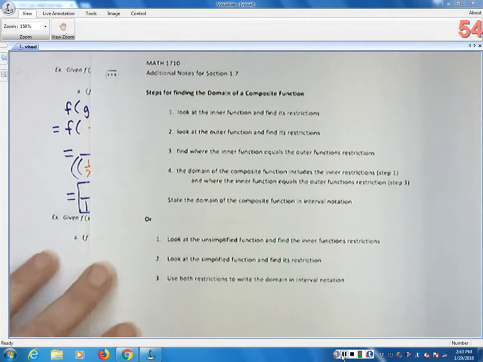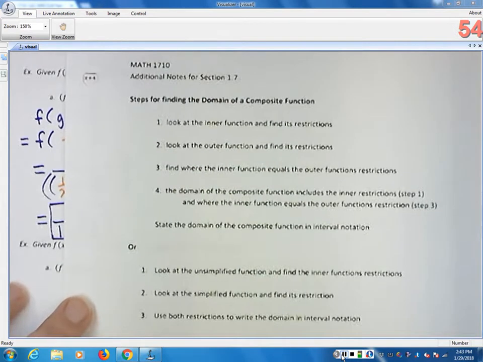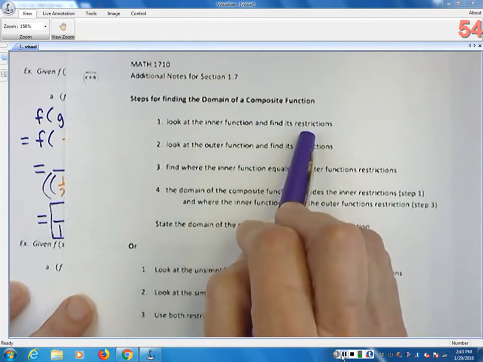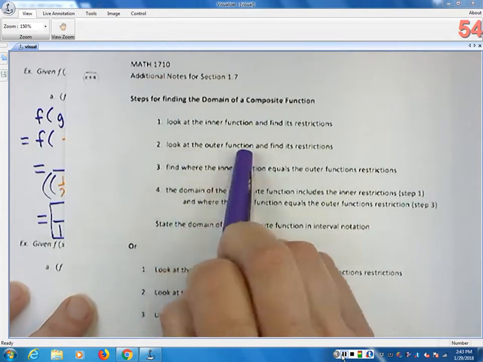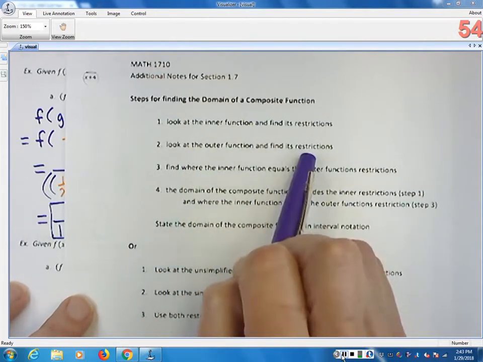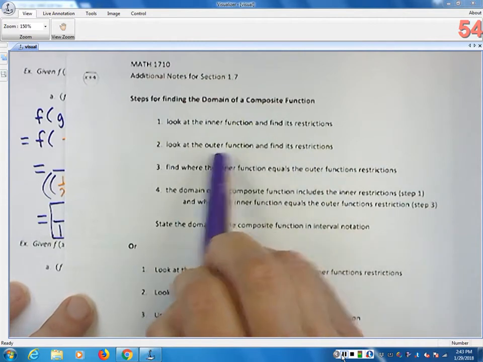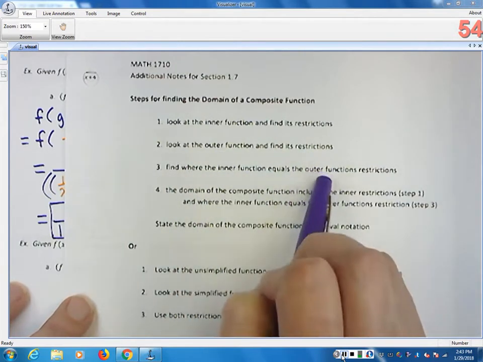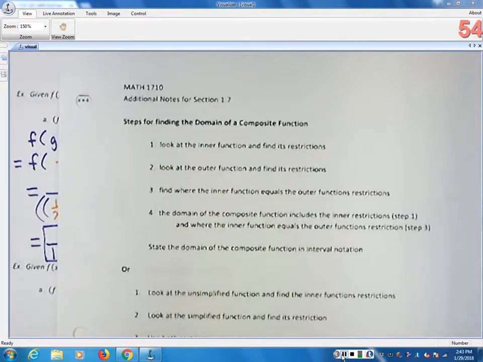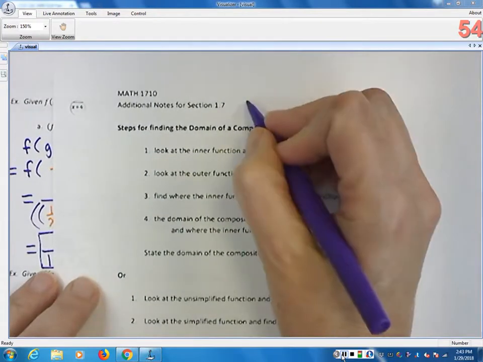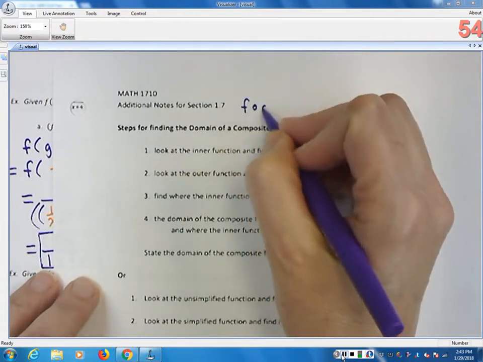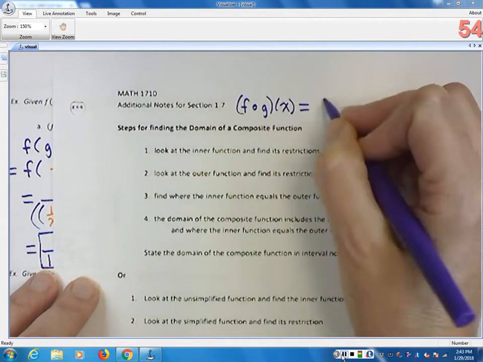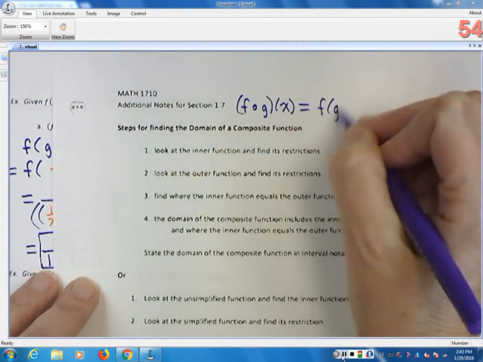So you can look at the inner function and find its restrictions. Look at the outer function and find its restrictions. Because the inner function is going into the outer function, remember the picture, if we're doing f composite g, that is f of g of x.